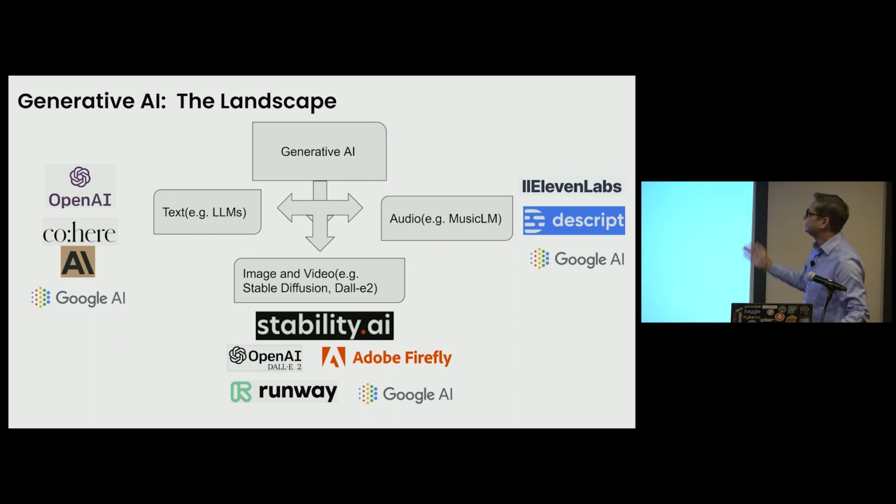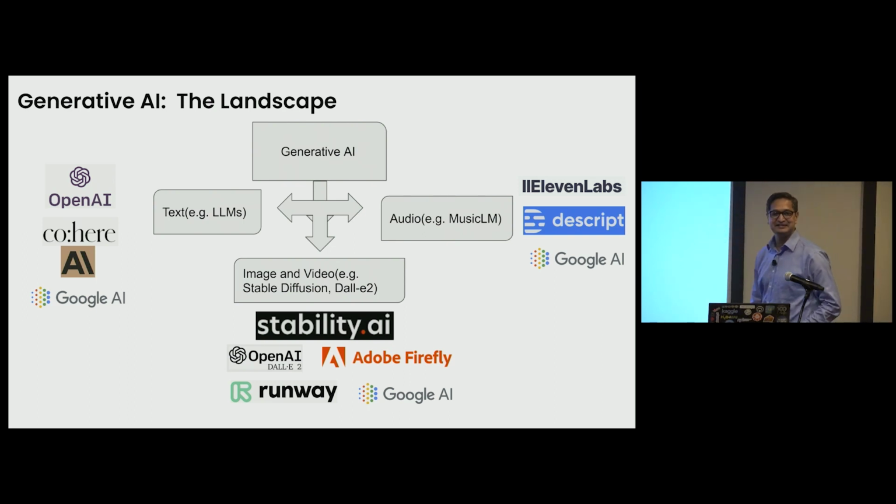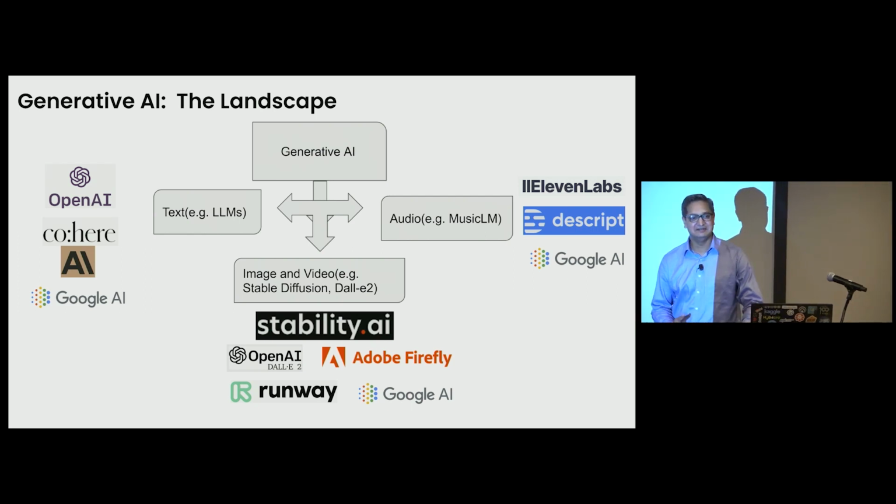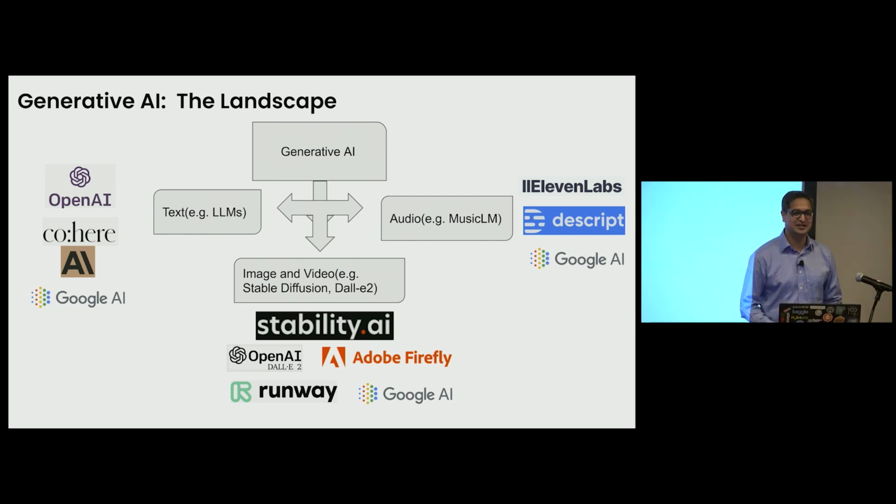This landscape explains that generative AI has text, image, video, and audio parts. And that's where the term you might have heard nowadays, multimodality, comes in. It's nothing but saying your model works for more than one type of input. They use the term multimodality to make it sound fancy.